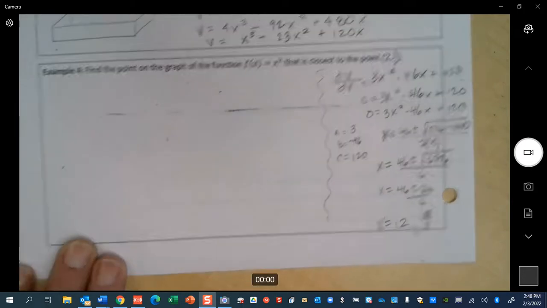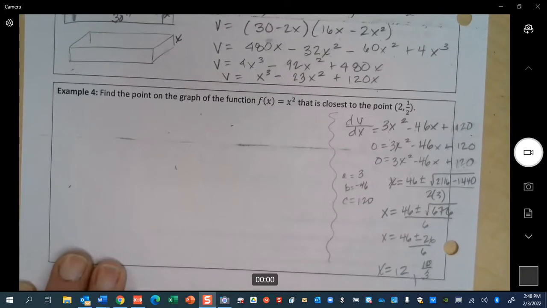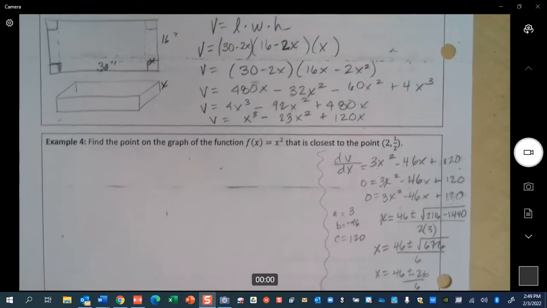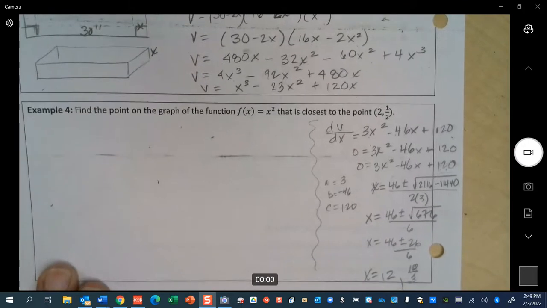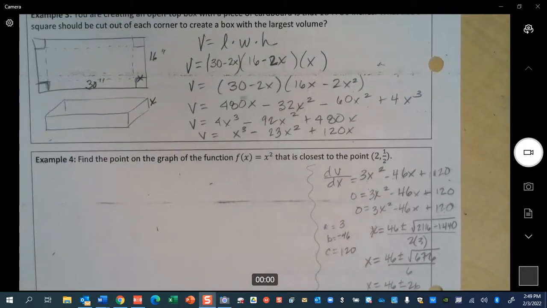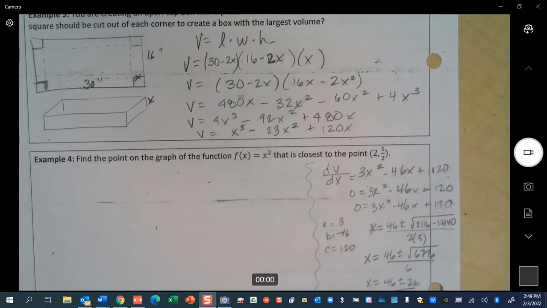The quadratic formula. Woo. Okay, so what did we solve for? Making our volume as big as it could be. Making our x either 3 1/3 or 12. Either one of those sound ridiculous to you? 12 doesn't sound ridiculous?